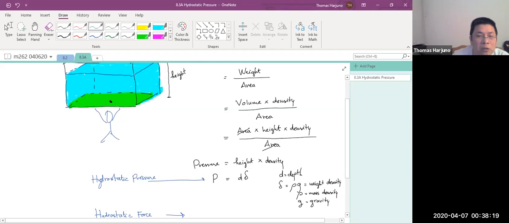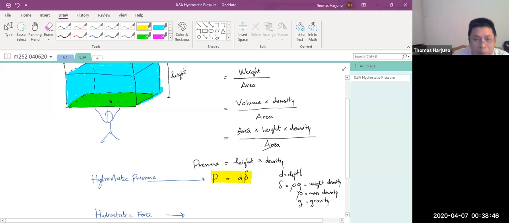Now, that's hydrostatic force. Now, what is hydrostatic pressure? Hydrostatic pressure is the amount of pressure experienced at any point of the base here. As you can see, hydrostatic pressure is actually independent of the shape of the container.